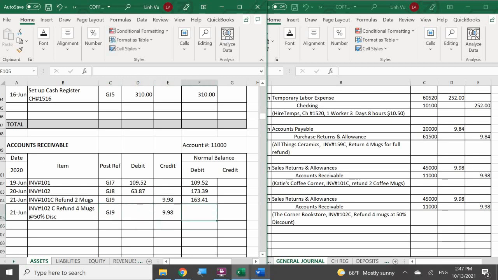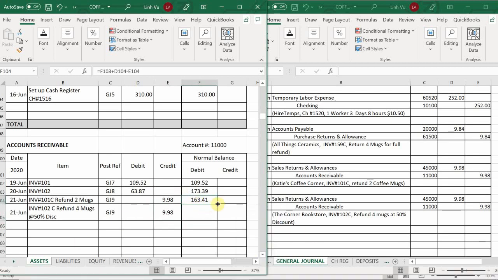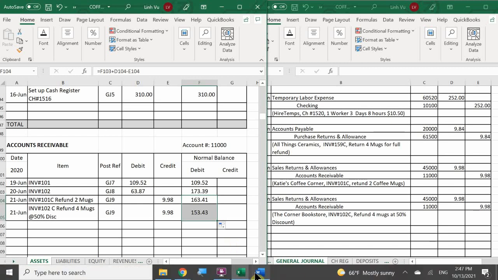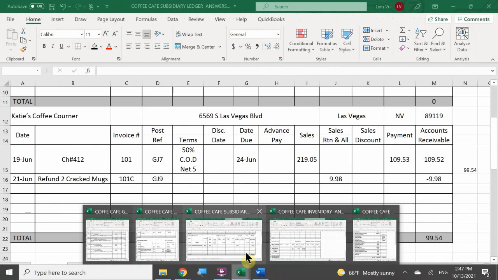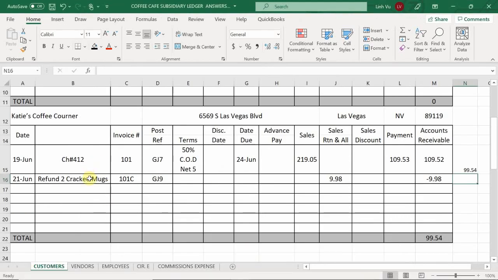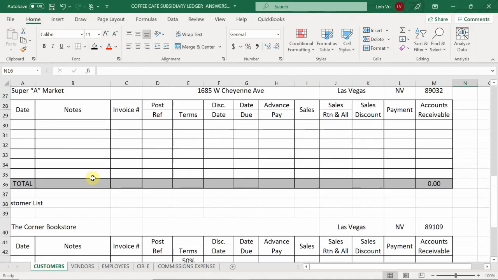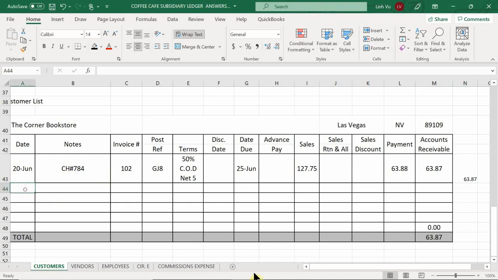Okay, so then what's my total ending balance? 153.43. Okay. So we're going to the subsidiary ledger. This time we're dealing with the corner bookstore, so it's all the way at the bottom.